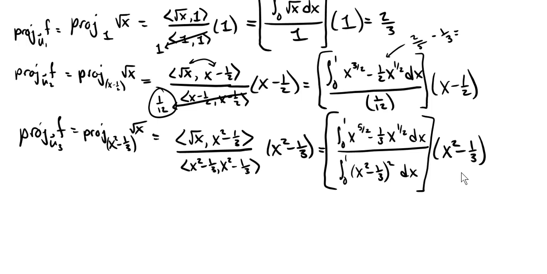So what is this? 6 minus 5 over 15. It's 1/15. So it looks like I get 1/15 over 1/12 times this x minus 1/2. That is 1/15 over 1/12 is 12 over 15 times x minus 1/2.